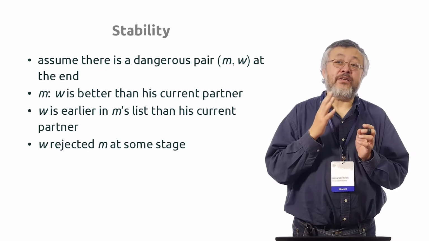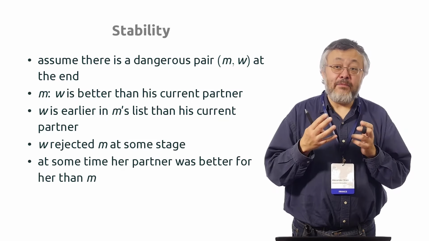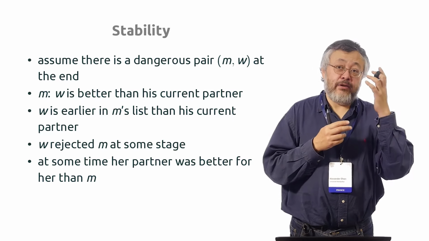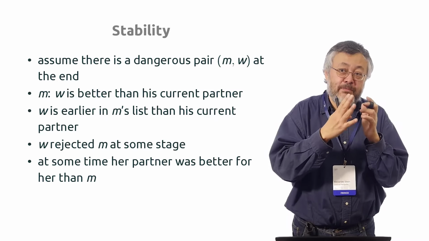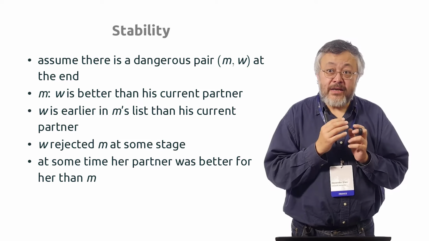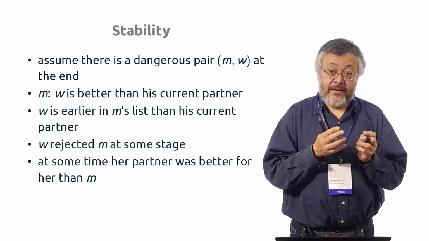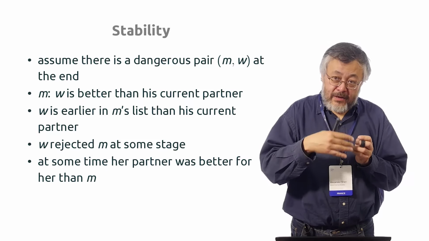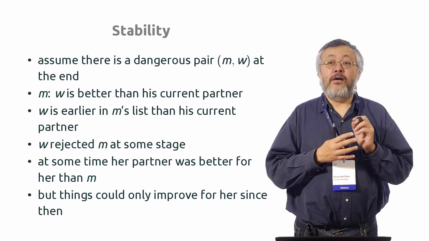So W rejected M at some stage, which means that at some time her partner was better, either when she rejected him immediately or when she found a better partner than M. So at some time W has a partner that is better than M. And then, since things improve with time, all the later partners are also better than M.